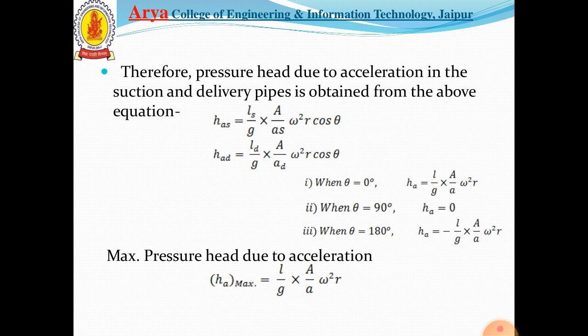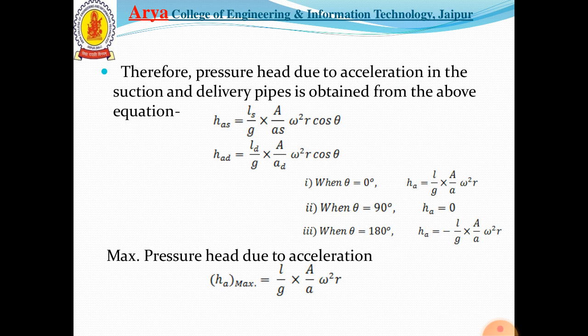Therefore, the pressure head due to the acceleration in the suction and delivery pipes is obtained from the above equation. At the suction side, h_as is equal to L_s upon g into A upon a_s into omega square r cos theta. Similarly, h_ad equals L_d upon g into A upon a_d into omega square r cos theta.